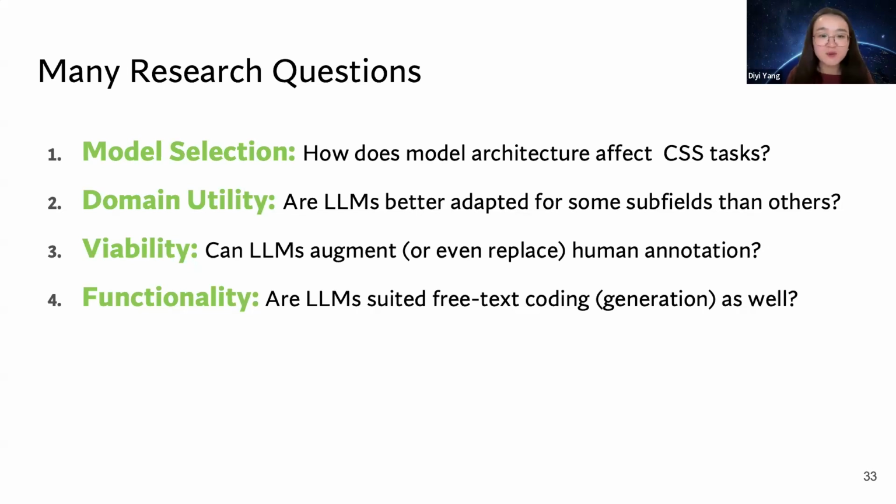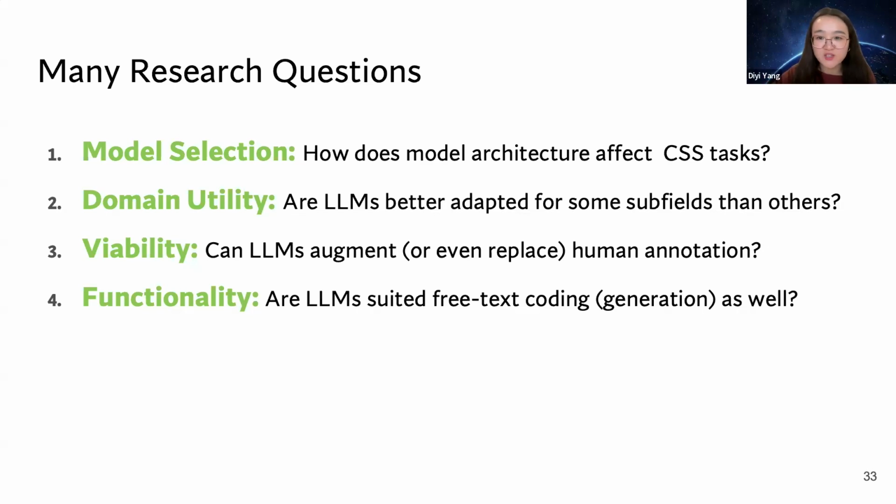From a domain utility perspective, are large language models better adapted for some subfield, such as sociology, than others? From a variability perspective, can large language models augment or even replace human annotations? From a functionality perspective, can they do coding and generation as well?